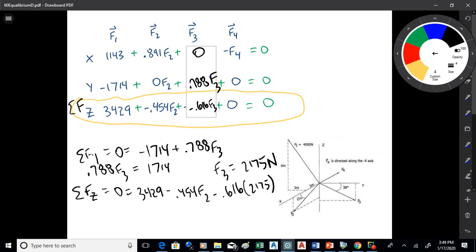Given that, you should be able to solve for the one you're after. We take the 0.454 F2 to the other side of the equation so it becomes positive. That leaves 3429 minus 0.616 times 2175, which is 1340.